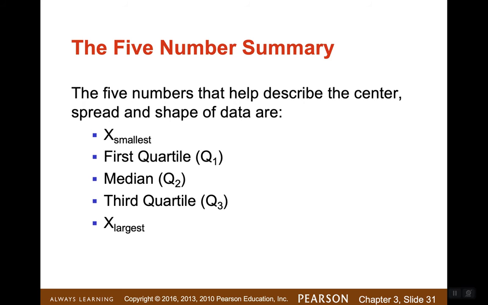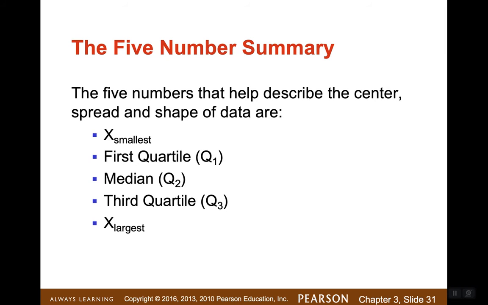All right, so the term we use is what we call a 5-number summary. The 5 numbers describe the center, the spread, and the shape of the data. If we calculate these 5 numbers, we can get a picture of how the data shapes up. We have our smallest and largest values, which gives the range.